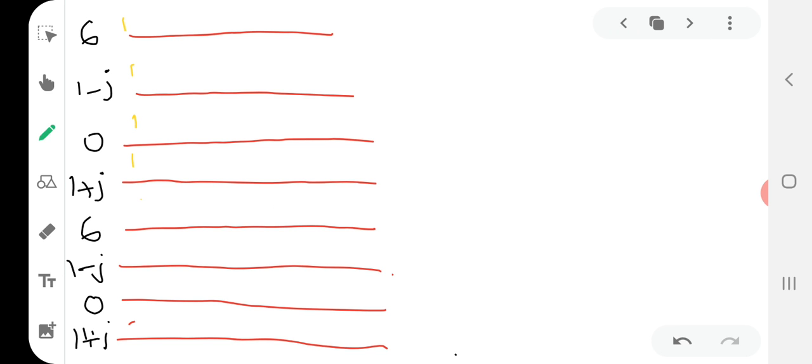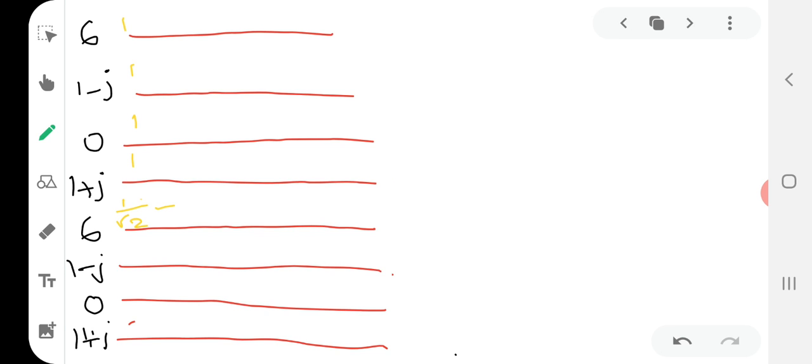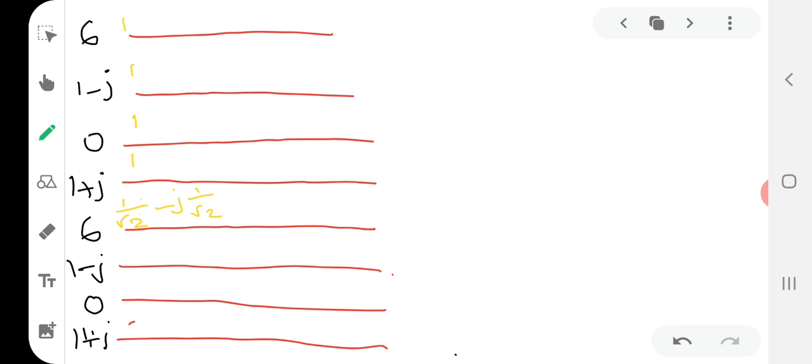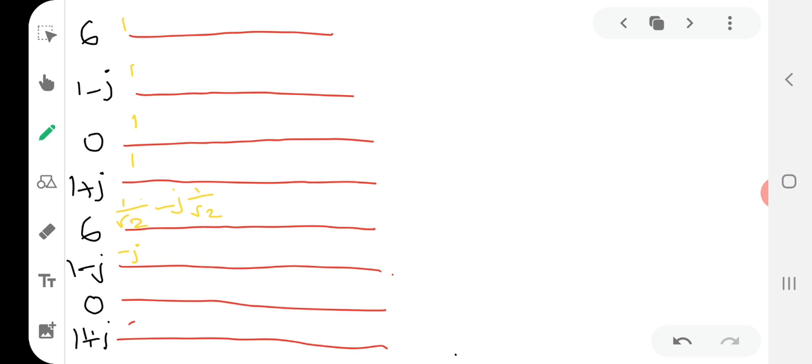Here we can write 1, 1, 1, 1 by root 2 minus j into 1 by root 2, and the next value is minus j, which we can mark as minus j. Sorry, the first value will be 1.